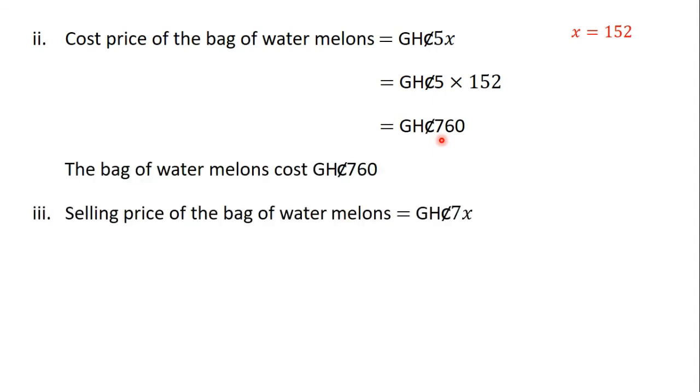The next part of the question also says that we should find the selling price of the bag of watermelons. That is 7x. In the previous slide, we saw that the selling price of the bag of watermelons is 7x.